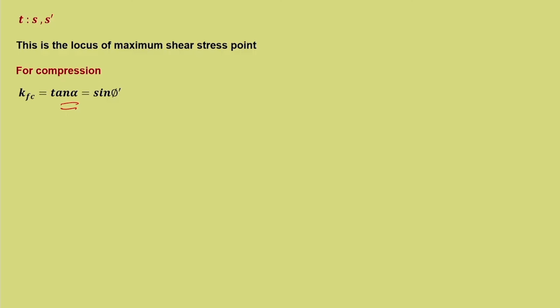If you join all the maximum shear stress points, that line extended will give a dash as the intercept and alpha is the angle. So, if cohesion is present, a will also be present. If cohesion is not present, a will not be present. But the inclination of the failure line is alpha, and tan alpha equals sin phi dash for compression, which we have already derived.